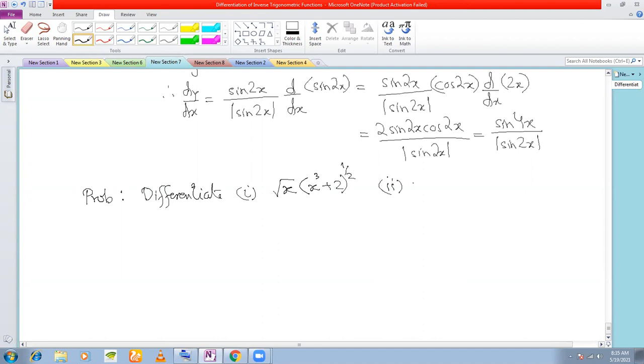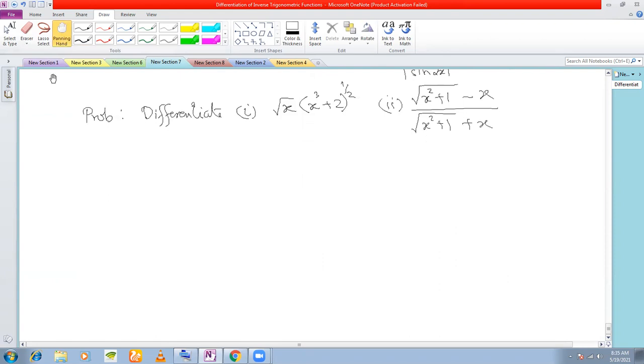And the second one is root x square plus 1 minus x by root x square plus 1 plus x. Okay, these two questions and some more. Some more will come to them after this, but let us finish these two first.